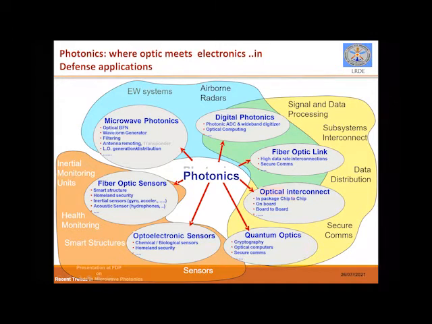Now, microwave photonics, MWP, I am going to talk about in detail, so I'll keep this topic for a little later. It covers optical beamforming, RF signal generation, filtering, antenna remoting, and local oscillator signal generation.